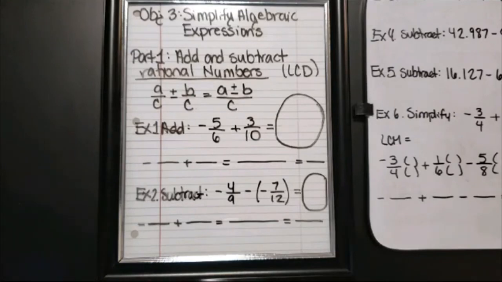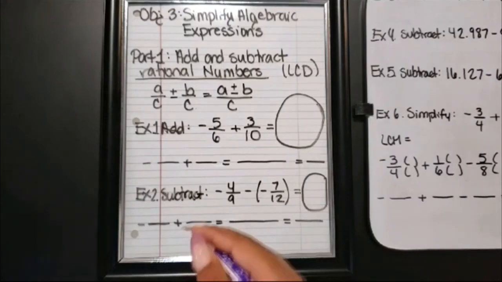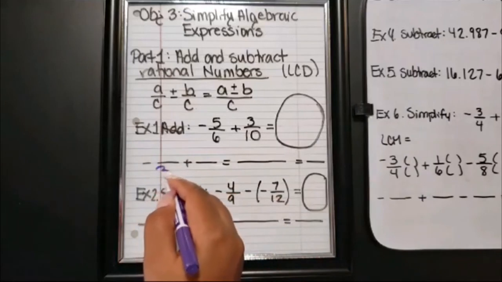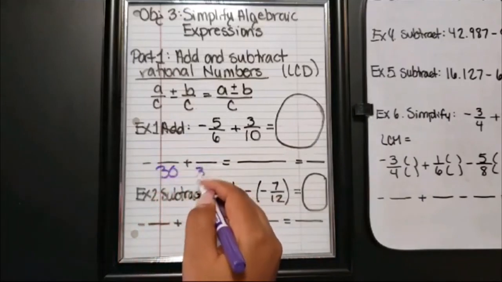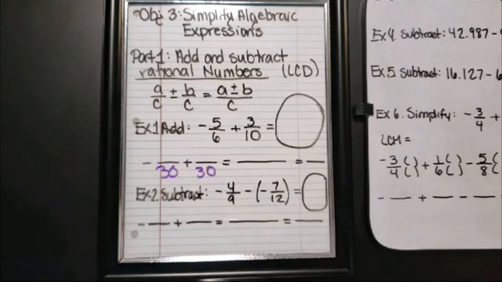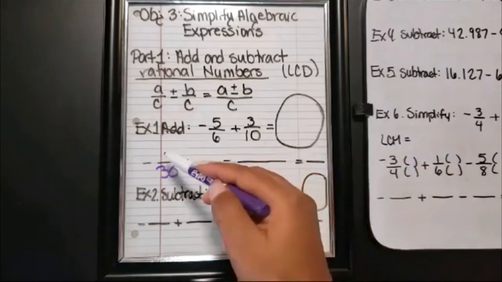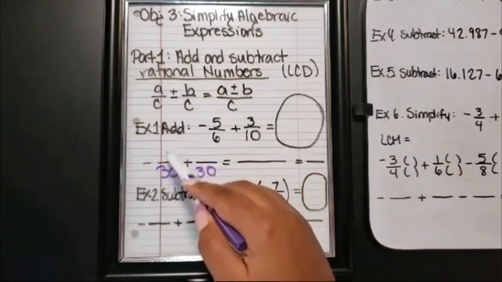All right, the LCM of the denominators is 30. So 30 is going to be our new denominator. All right, so now we need to figure out what our new numerator is going to be.